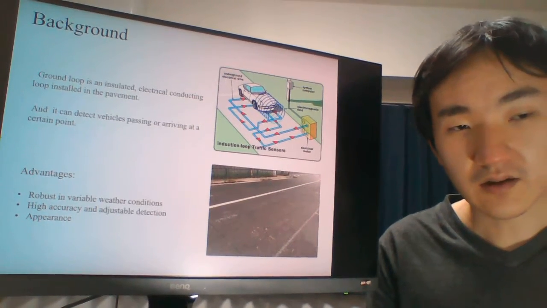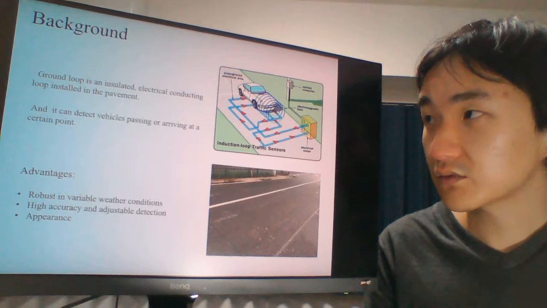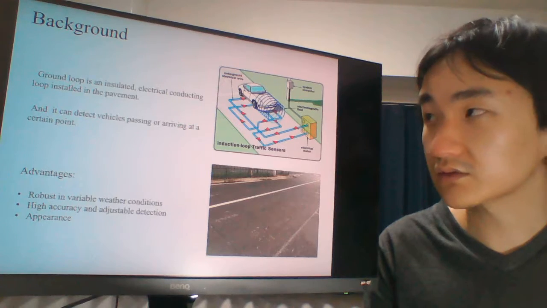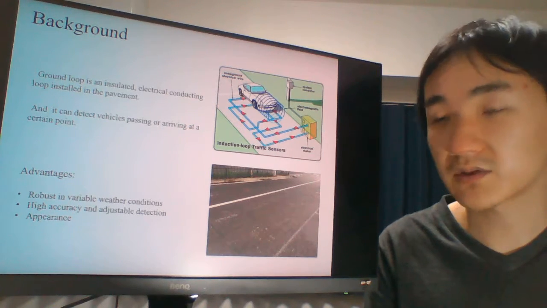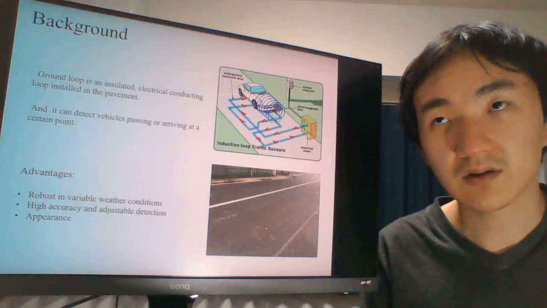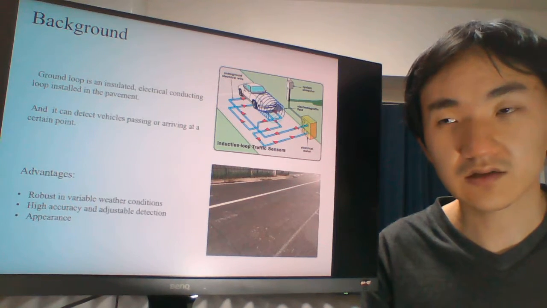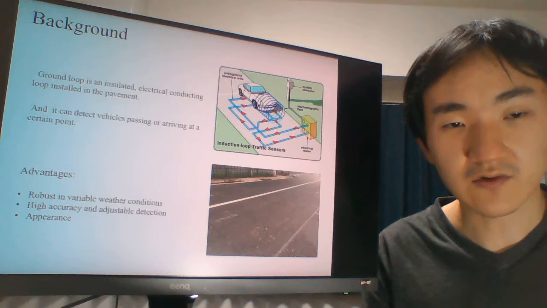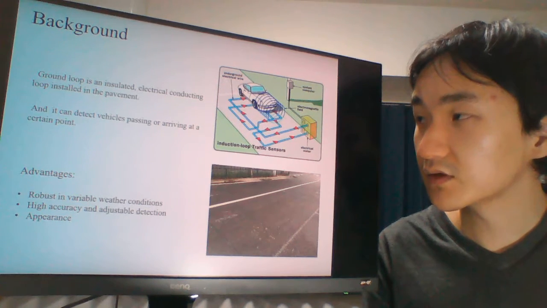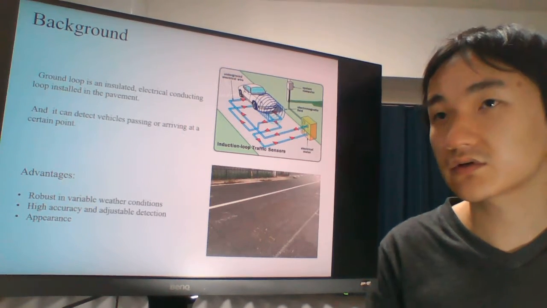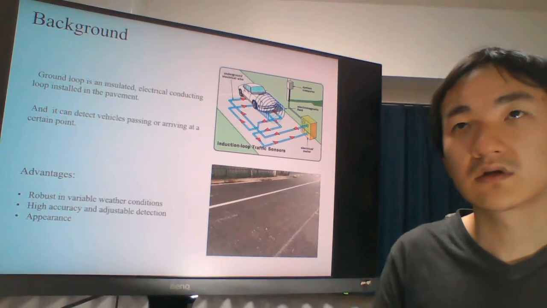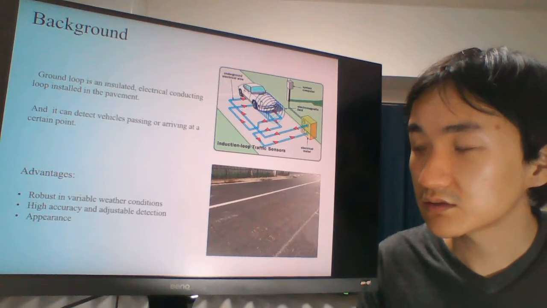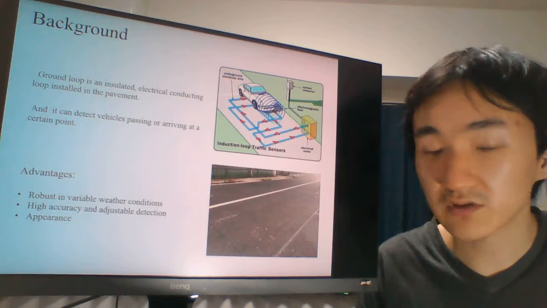And what is the ground loop detector? A ground loop detector is an isolated electrical conducting loop installed in the pavement. So it's an underground device which can detect vehicles passing or arriving at a certain point. Compared to other car detectors like camera detectors or ultrasonic detectors, it has several advantages.